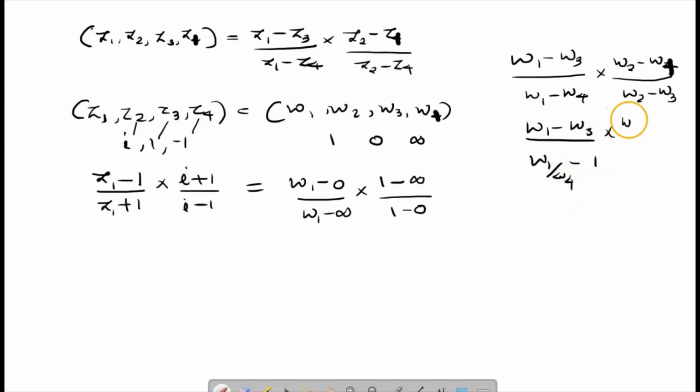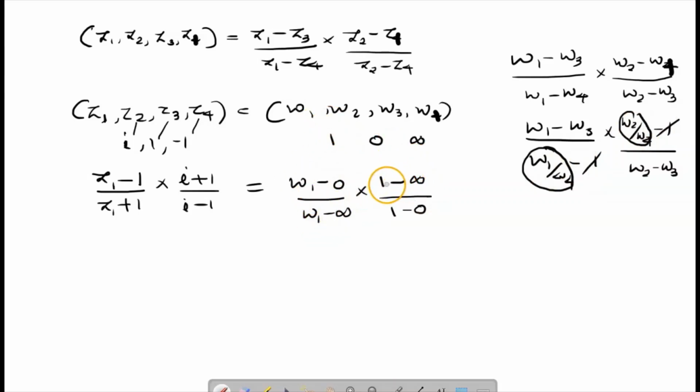When we put infinity for W4, these terms become 0, and only minus 1 is left in each. So the minus 1 terms cancel each other, which means the infinity term is not there in this step.